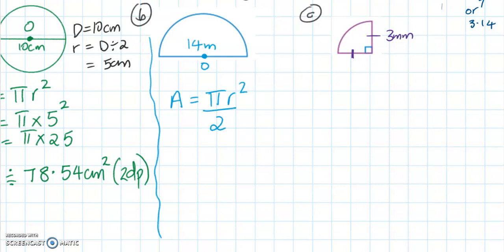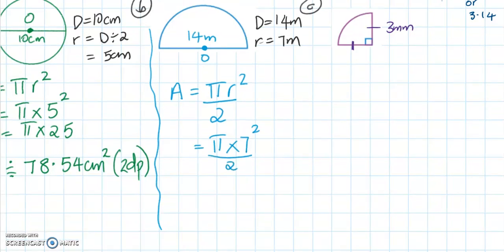Now if you have a look again, you're given the diameter, so write that down, which is 14 meters. So therefore your radius would be half of that, which is 7 meters. All we do now is substitute, so pi times the radius, 7 squared, divided by 2.